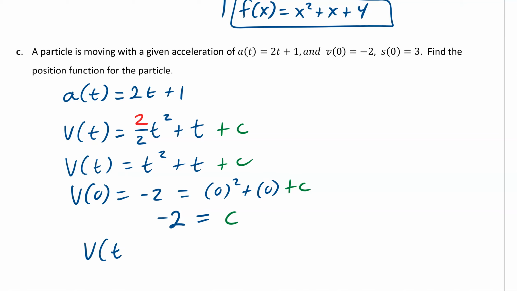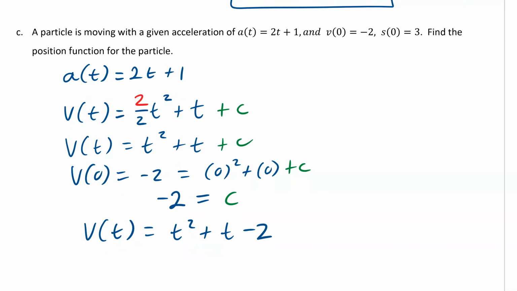So our new velocity function would be t squared plus t minus 2. And again, we should check this. And it's a very quick one. So if we take the derivative, we get 2t plus 1. And if I plug in 0, those 0 out, and I get -2. So that checks perfectly.